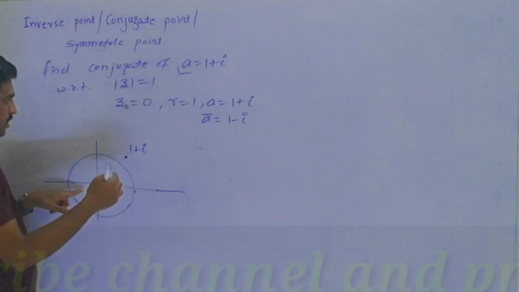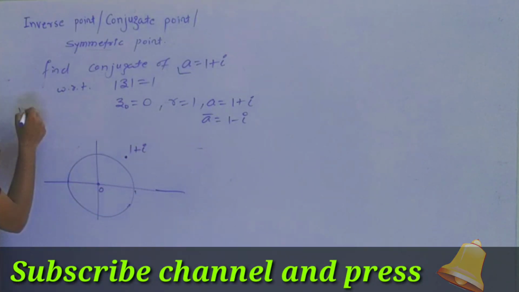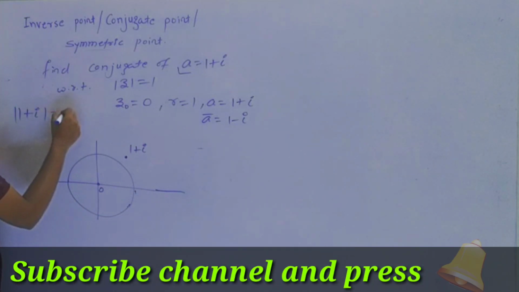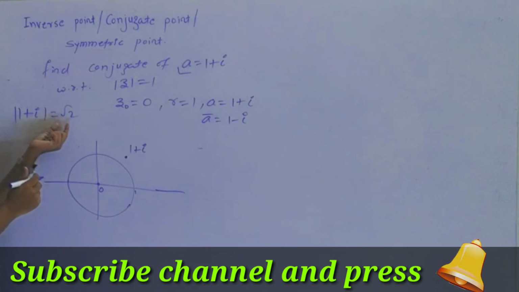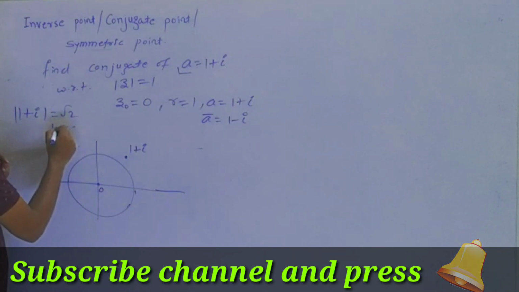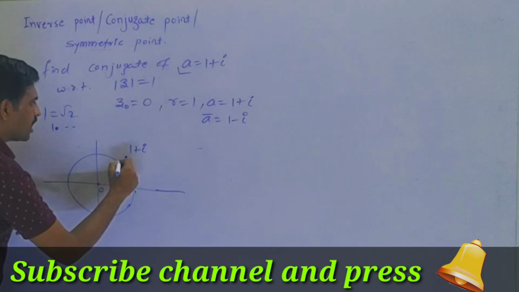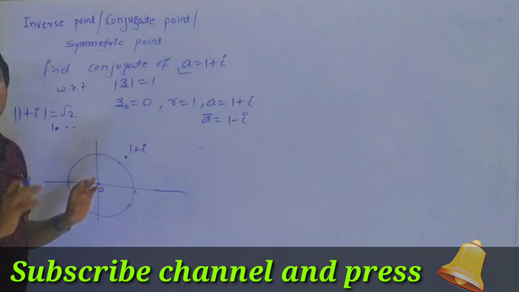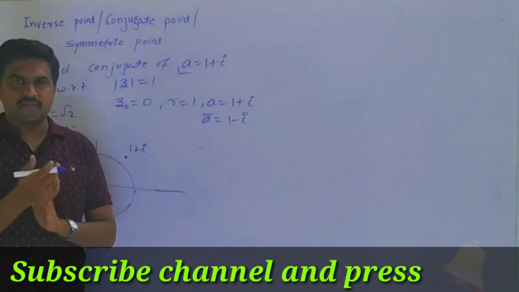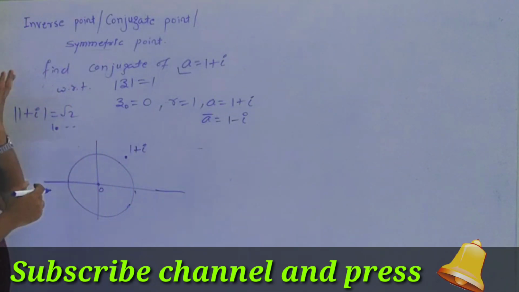How to find distance? The mod of 1 plus I is root 2, and root 2 is obviously 1 point something, so greater than the radius 1. So 1 plus I is outside the circle, right?